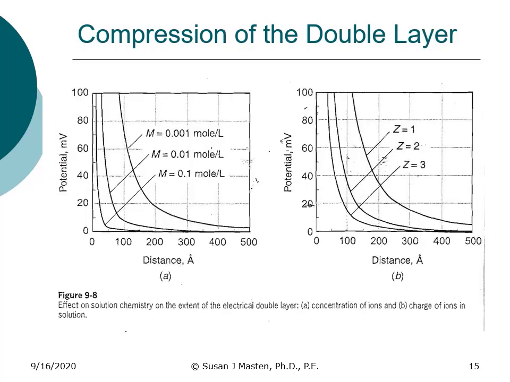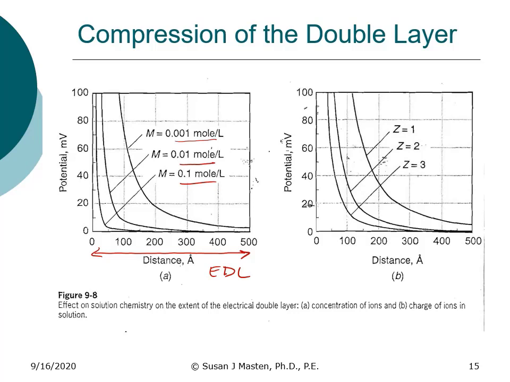So we can see this in this plot here, where we start with a solution of 10 to the minus 3 molar, 10 to the minus 2, and 0.1. So we're increasing the concentration by a factor of 10 each time. And if we're looking at the thickness of an electric double layer, it's much thicker in the more dilute solution. Think about it, you need more counter ions in order to neutralize that charge.